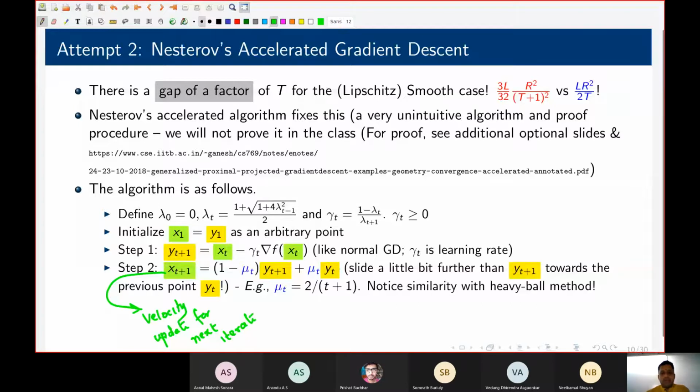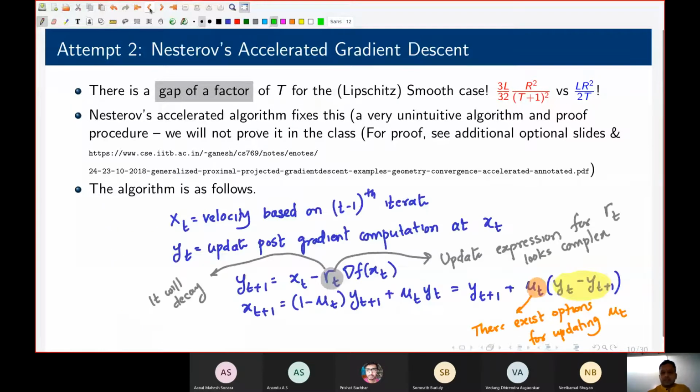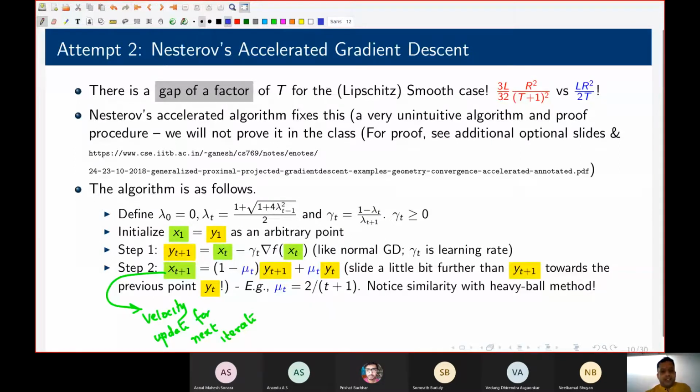And you could think of, as I said, this would be the velocity. We highlighted here. Okay, so you could think of this differently. You could say this is xt plus 1 is yt plus 1 plus mu t times yt plus 1 minus yt.